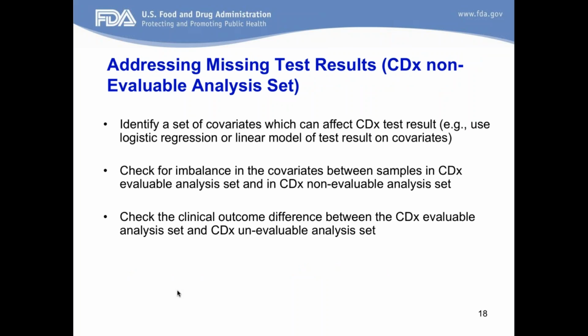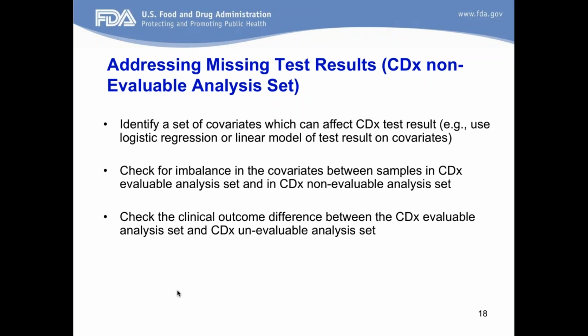So identify a set of covariates which can affect both test results. For example, you may use logistic regression or a linear model to test which covariates could impact the test results, and check for imbalance in the covariates between the samples in the CDx evaluable set and the CDx non-evaluable set.